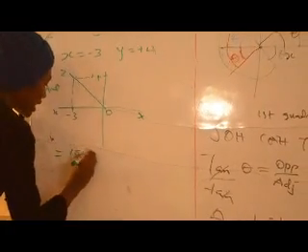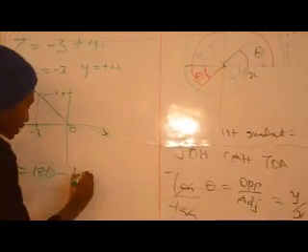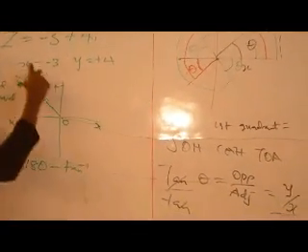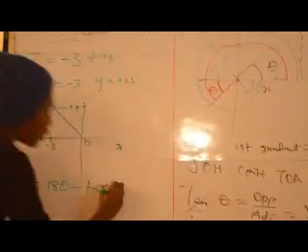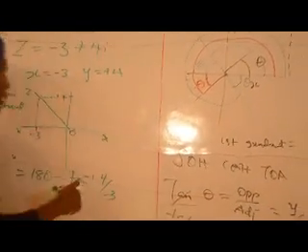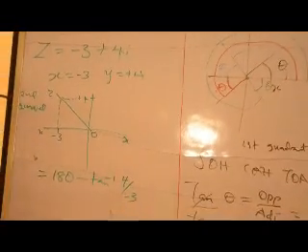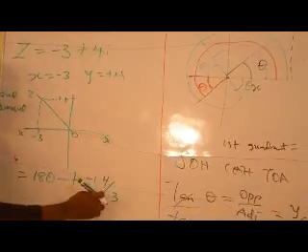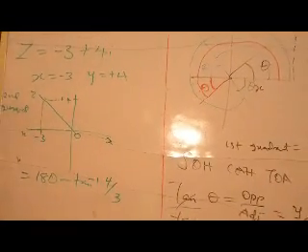So our argument will be equal to 180 minus the tan inverse of our y here is 4 and our x is minus 3. Okay, before I do this, let me explain something quickly. In calculating our arguments, we are using absolute values.